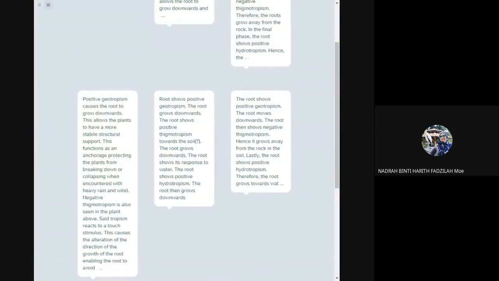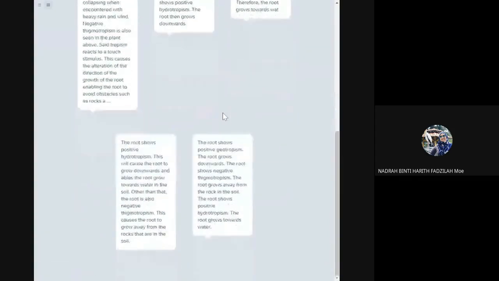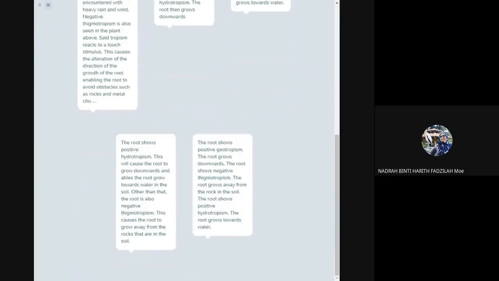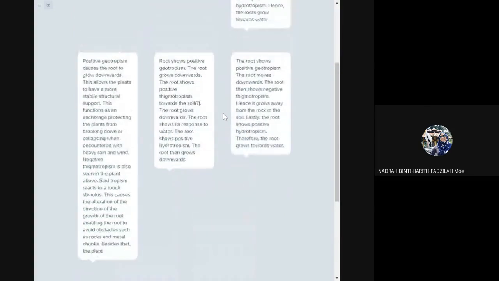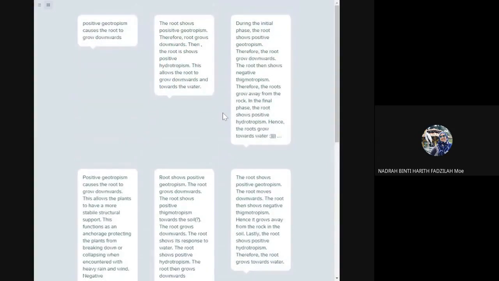Okay, bila saya tengok konten ni, sebab soalan ni dalam silibus sebelum ni, bio sebelum ni banyak cerita pasal geotropism and phototropism with regards to auxin, concentration of auxin in the shoot and root.